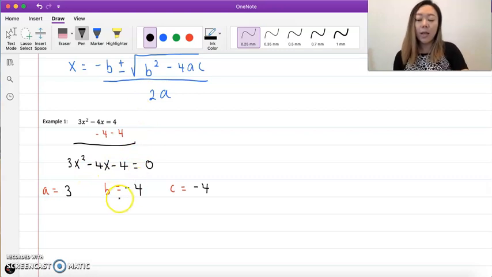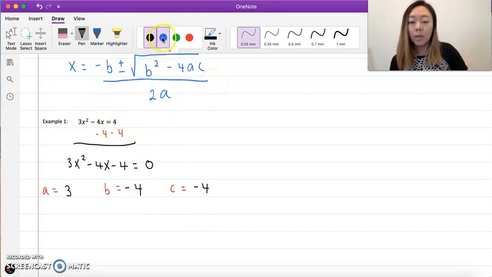Okay. So now that we've identified our a, b, and c, we can go ahead and plug it into the formula. So if we go ahead and plug it into the formula, what we have is x is equal to, first is negative b, right? And our b is negative 4. So what we would do is negative b. And since our b is already negative, I'm going to go ahead and put a parenthesis.